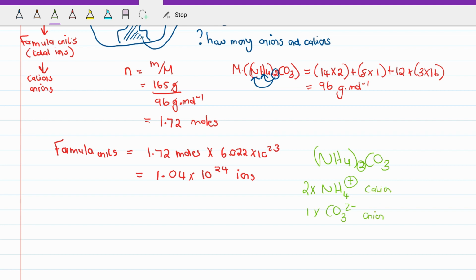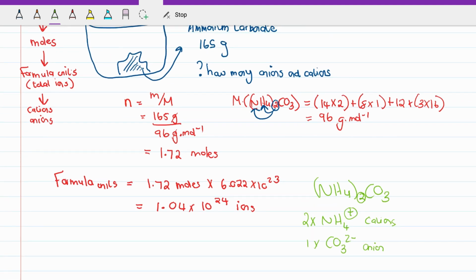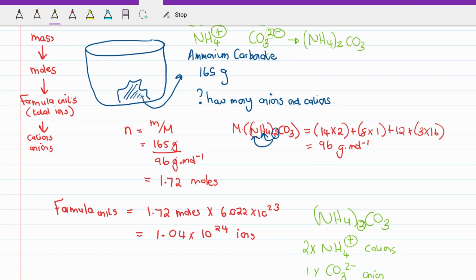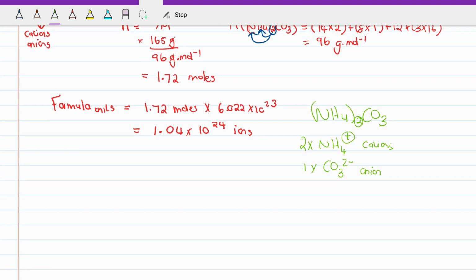To calculate the number of cations inside of your beaker, we're assuming the formula unit. Remember that if you dissolve it, then the ions break apart from the structure. But inside of the structure, to get the number of cations, you take the number of ions and multiply it by 2. Let me just check my calculation.